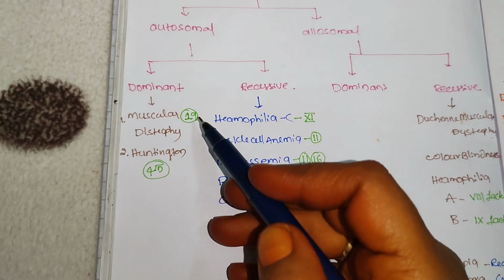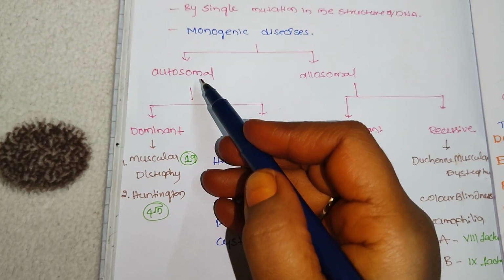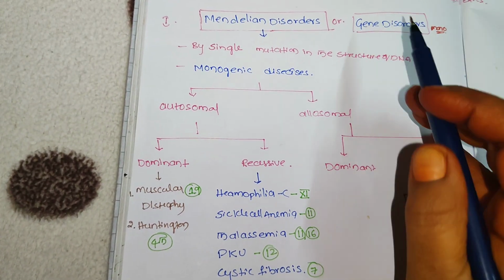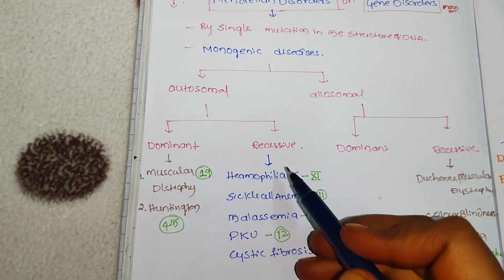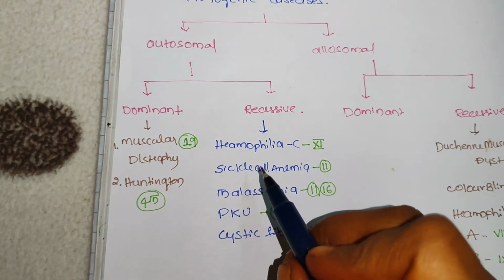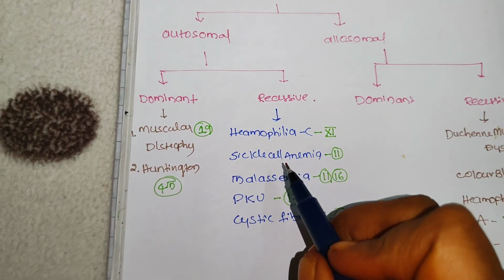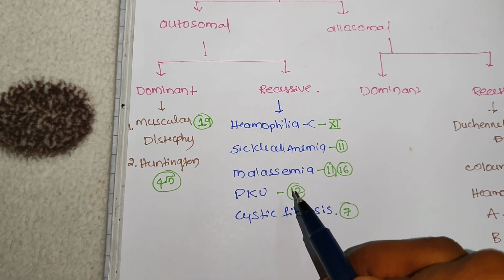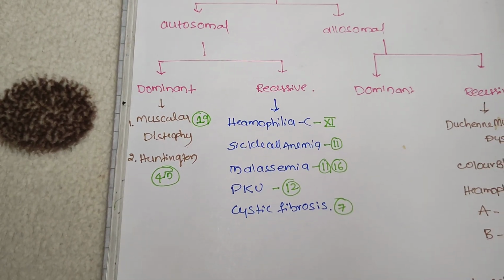Mutation of the 4th or 19th chromosome causes an autosomal dominant Mendelian disorder. Then autosomal recessive disorders: hemophilia C, sickle cell anemia, thalassemia, phenylketonuria, cystic fibrosis.